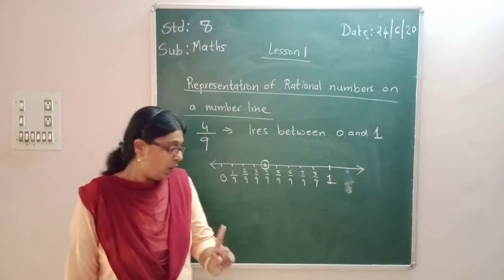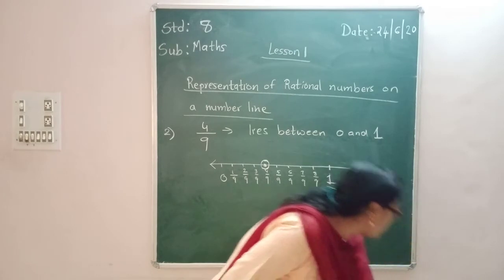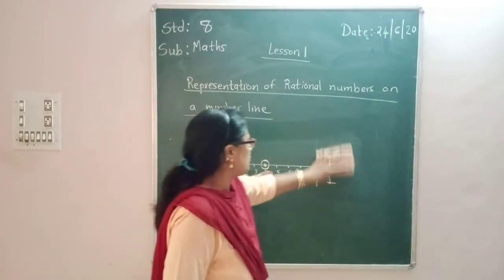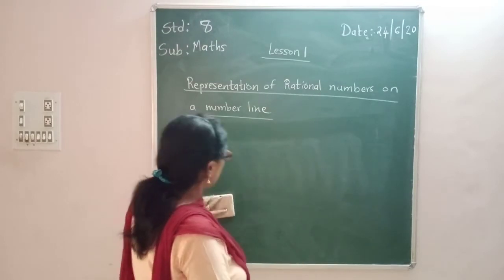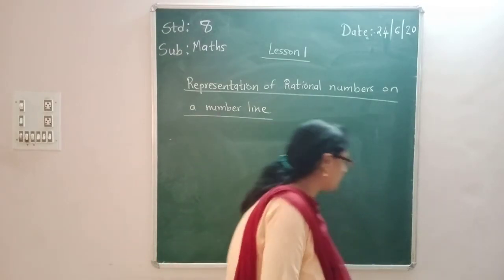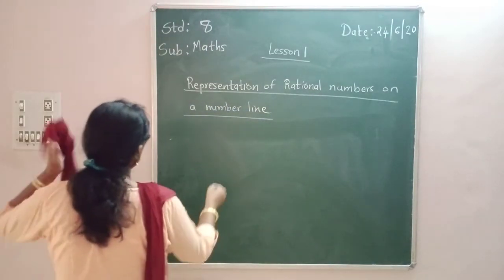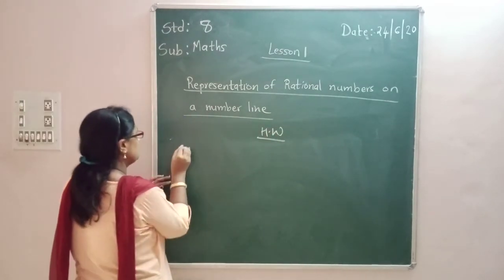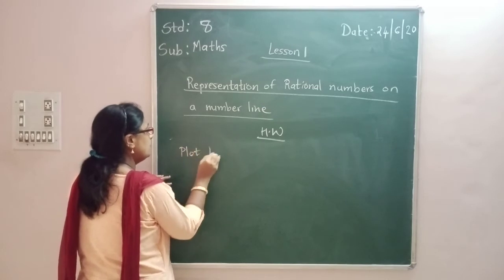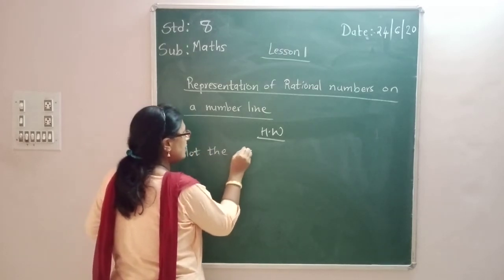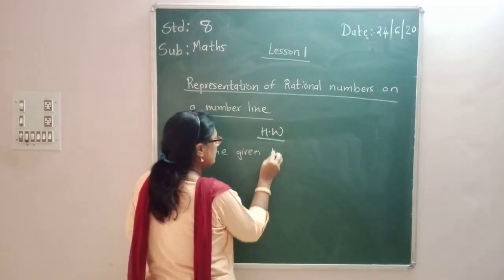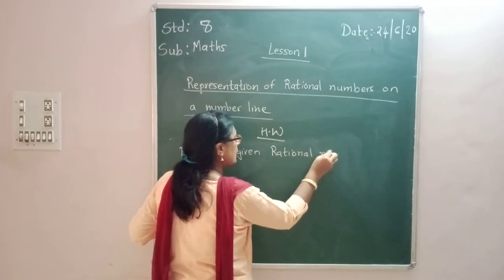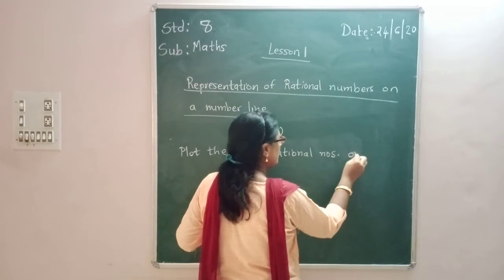Is that clear? Okay, so I will give you 3 sums for homework. 3 extra sums, which are not given over here. Please do the plotting by yourself. So your homework: plot the given rational numbers on a number line.